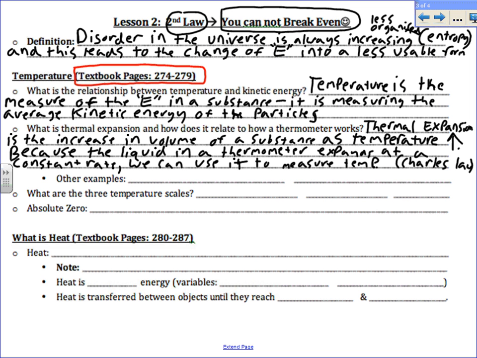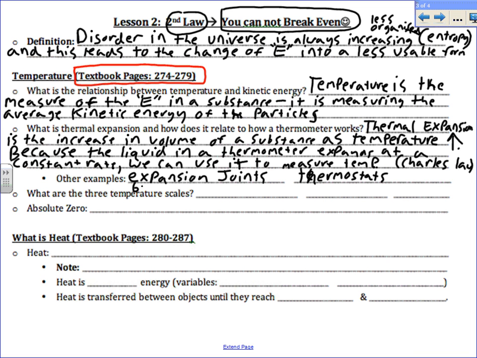So an example of thermal expansion would be expansion joints and how we use these in real life. These are real life applications. So expansion joints and thermostats. Expansion joints are put in bridges.